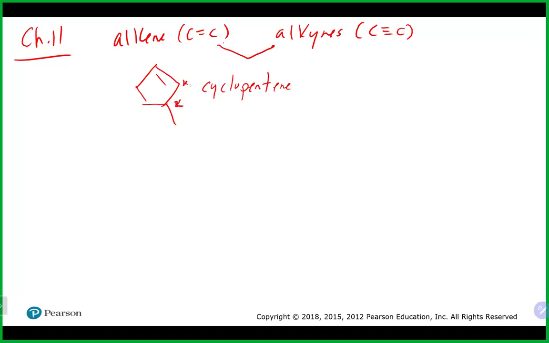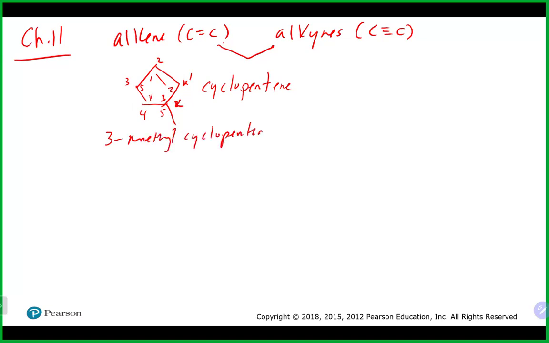Your option would be to start with 1 there and go around that way, or start on the other side of the double bond and come around clockwise, and clockwise gives that group a smaller number. So that'll be something like 3-methylcyclopentene in that case.